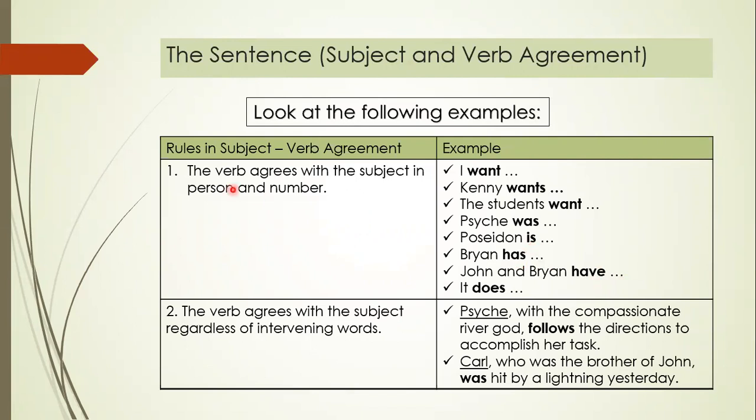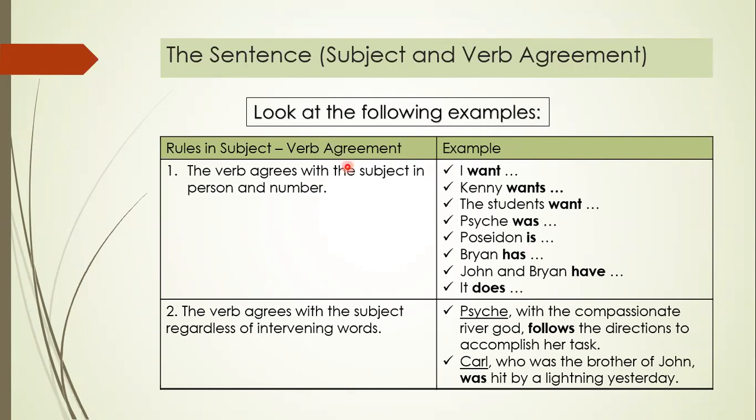First rule I have is the verb, you can read with me: the verb agrees with the subject in person and number. So first things first, you need to find the subject and you need to count the subject, whether it's a singular subject or a plural subject.